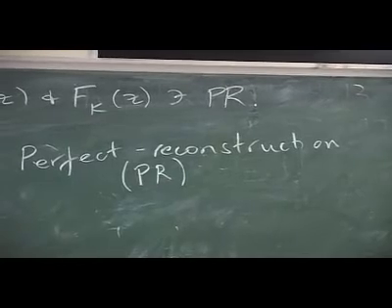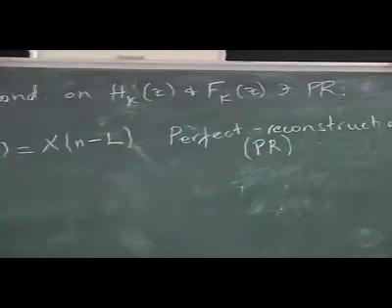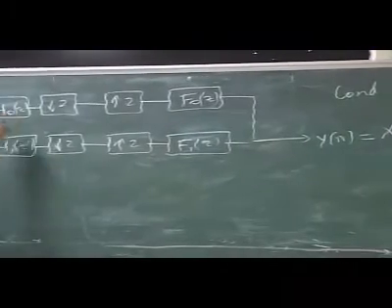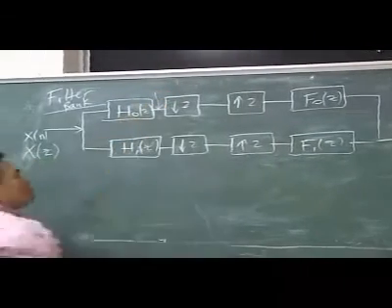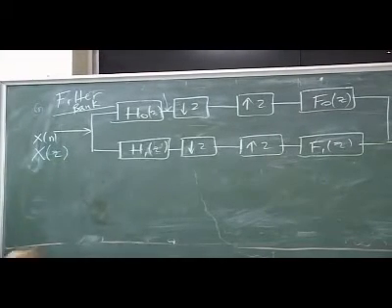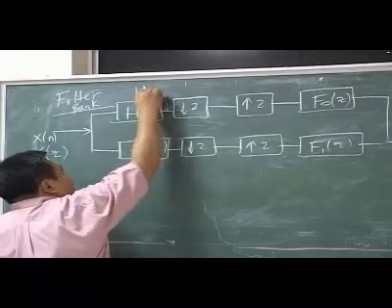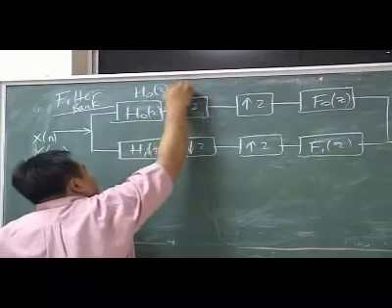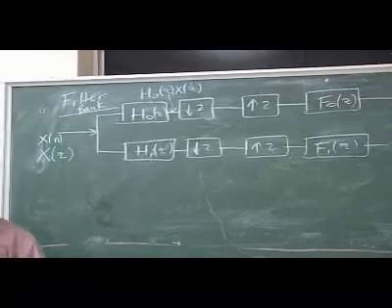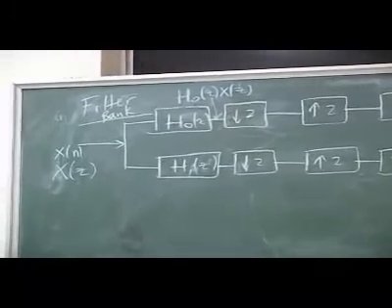Let's do this step by step. If this is X of Z, what is the output here? H0 of Z, X of Z, right? The Z transform property is similar to the Fourier transform. We filter, we multiply.